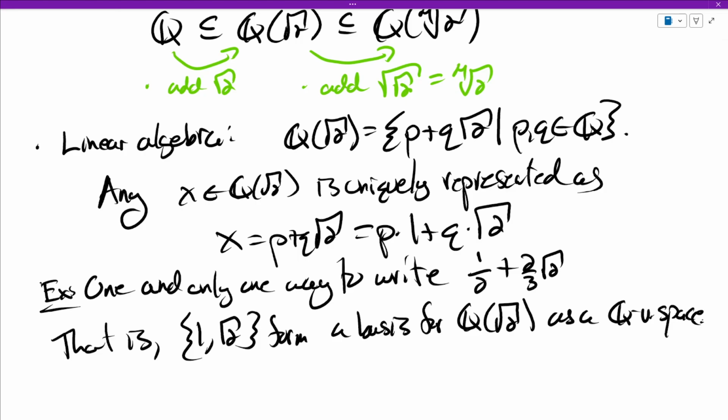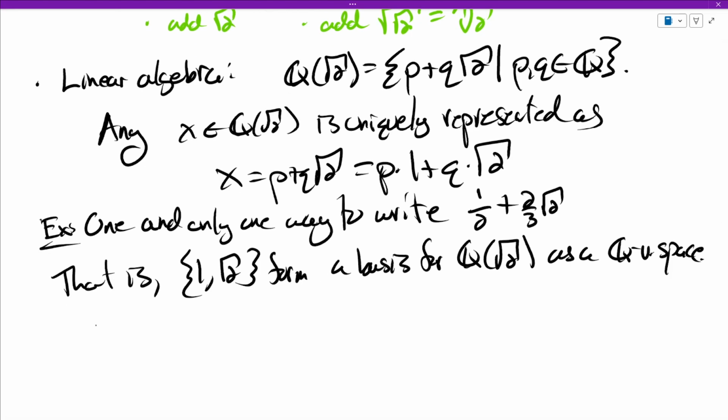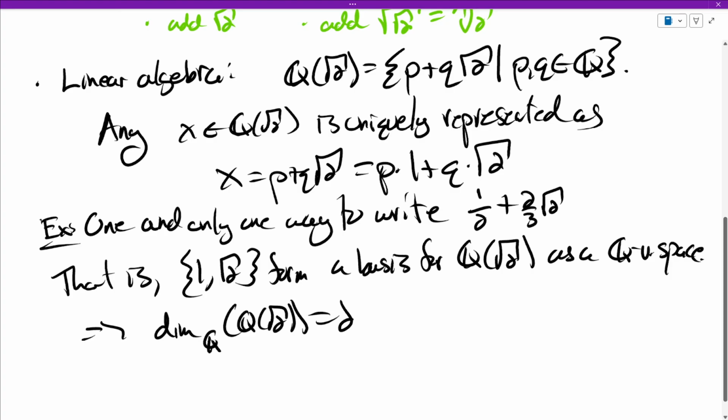We haven't quite shown that there's a vector space structure here, but we'll see very shortly that there is. Okay, so 1 and root 2 form a basis. So what this is saying then is that the Q dimension of Q adjoin root 2 as a Q vector space is 2, because the size of a basis is 2.